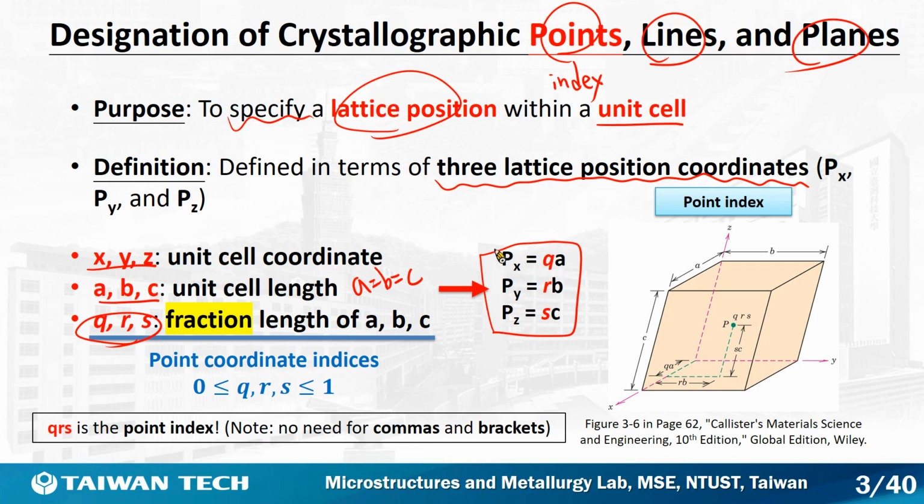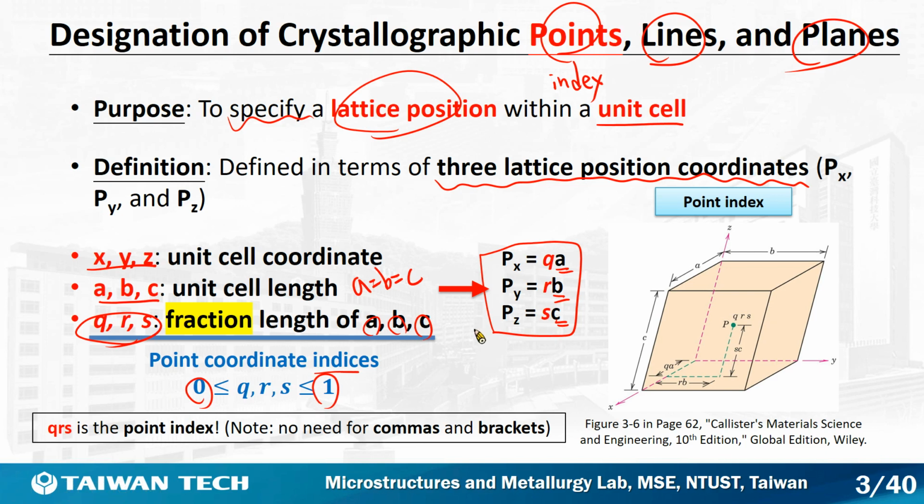Q here is a fraction of the unit cell length a, b, c. So q is the fraction of a, r is the fraction of b, and s is the fraction of c. Because q, r, s are fractions, this point index will range from 0 to 1.